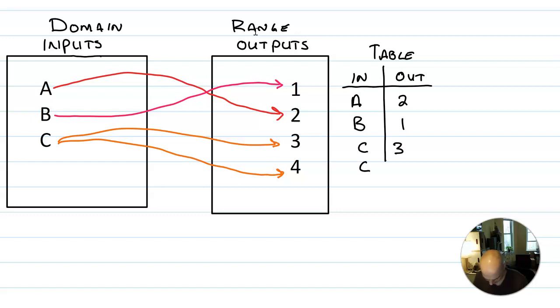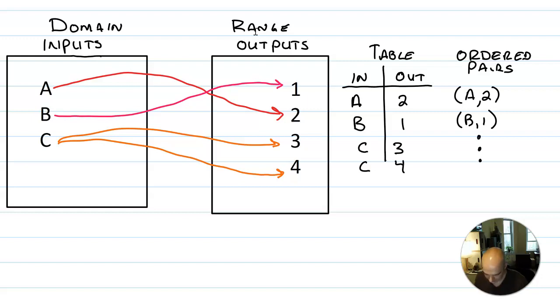I don't really know how to do 2 outputs for 1 input, so you might do 2 lines like that. And you could also describe a relation as a set of ordered pairs, where the input is the first piece of the ordered pair. So you might do A, 2, B, 1, etc. So 3 ways to describe them.